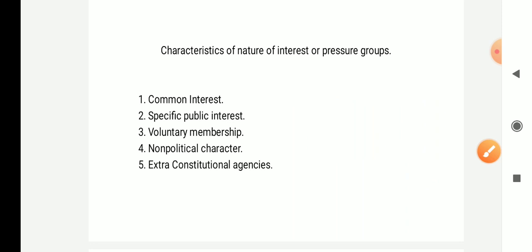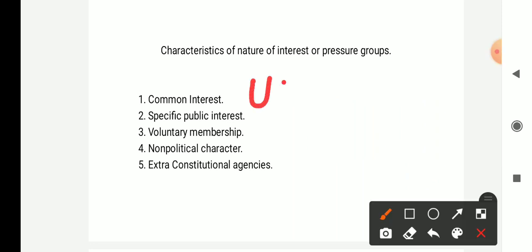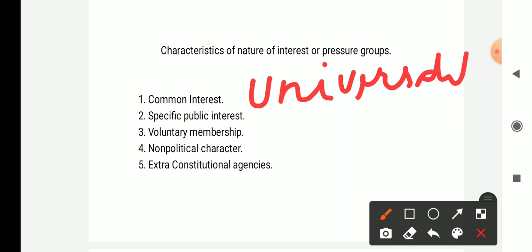Universality means it is found everywhere. Everywhere means it doesn't matter what kind of government structure there is. It is liberal government, it is totalitarian, it is monarchical.